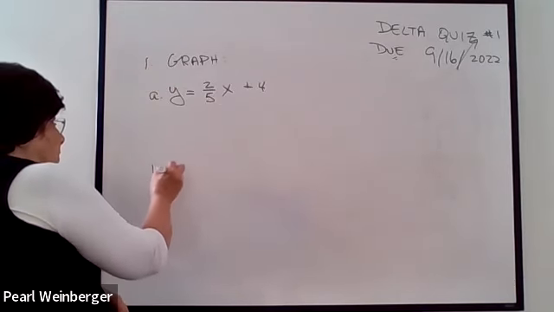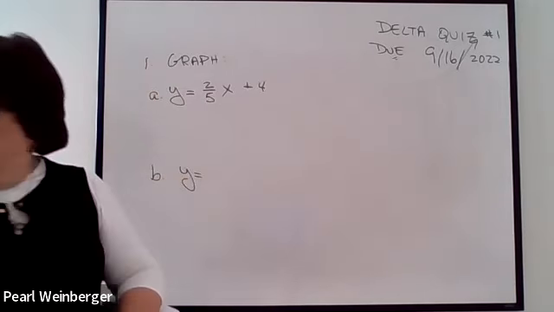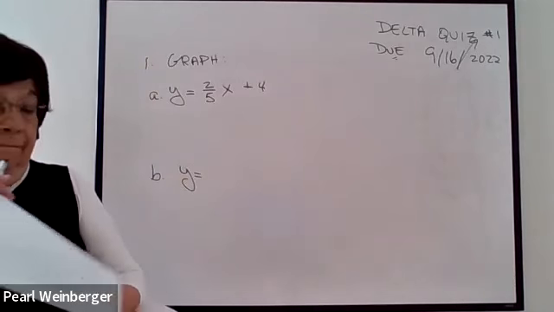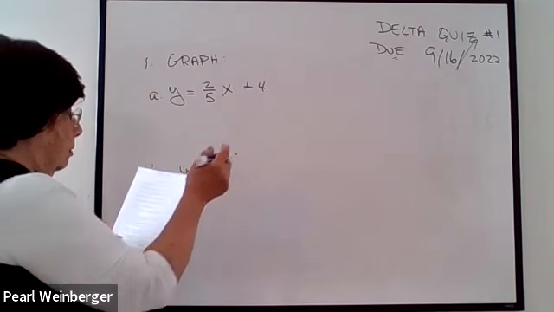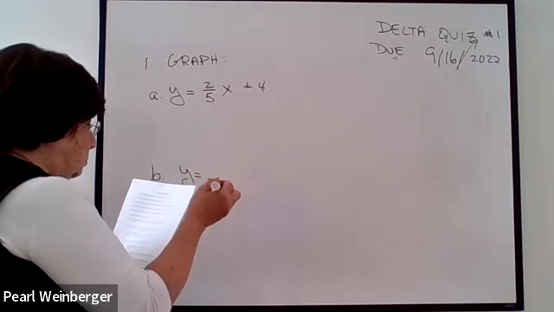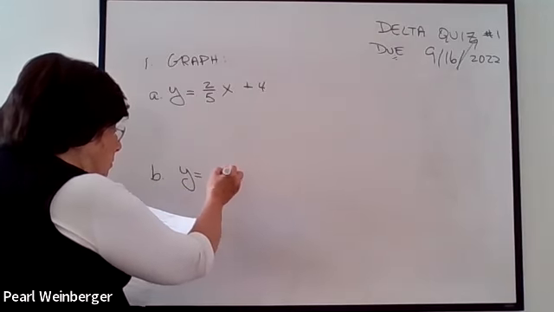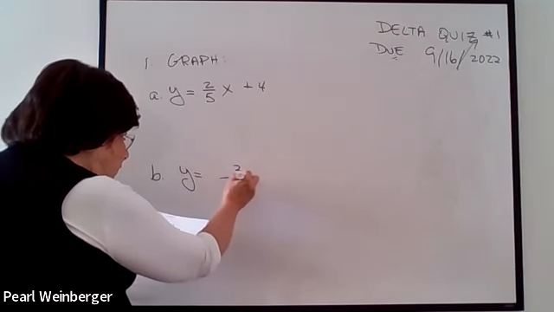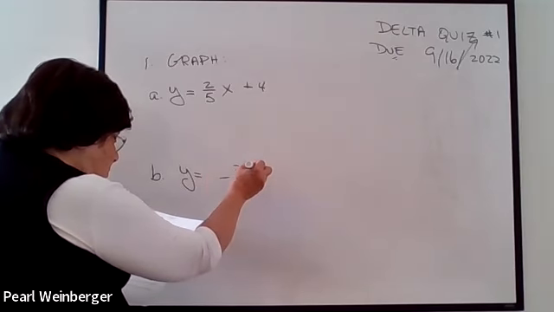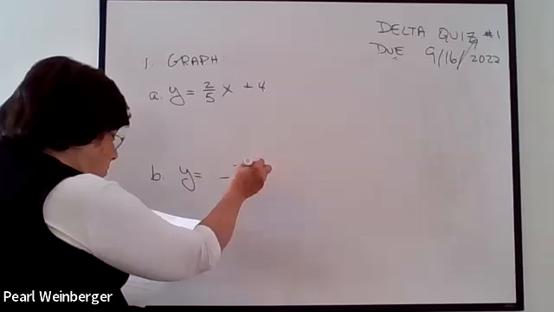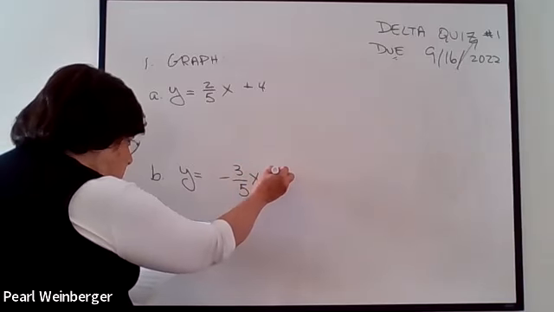And the second one that we drew was y equals negative 3/5 x plus 3.